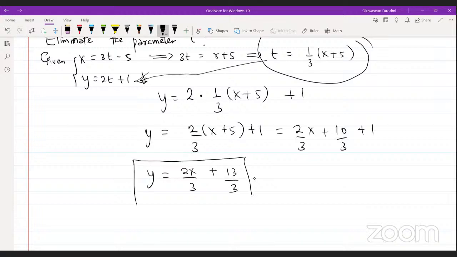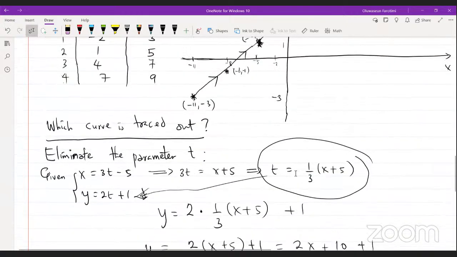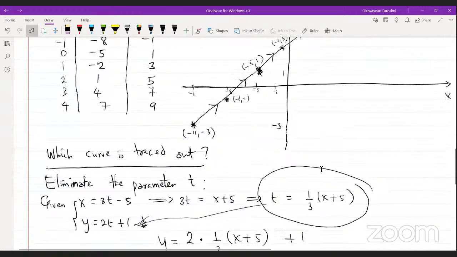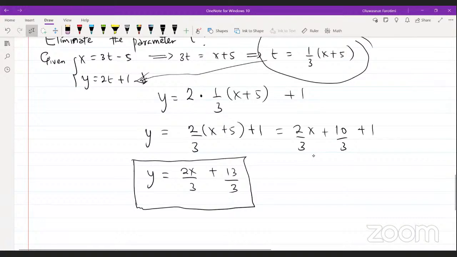Perfect, guys. Can you see this is strictly an equation of only x and y? I don't have t anymore. So what does that mean? It means that this is the equation of this straight line curve that I drew.